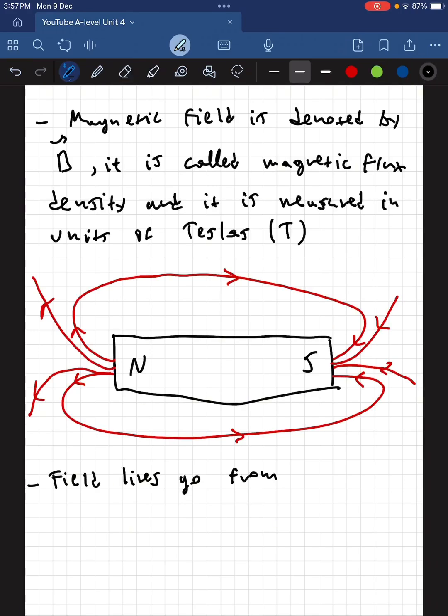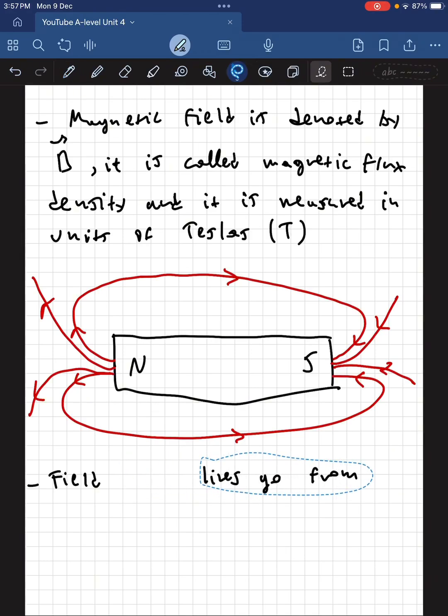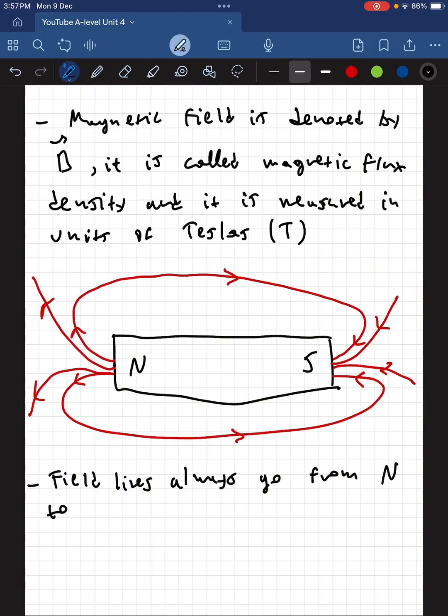So let me make some space. So field lines always go from north to south.